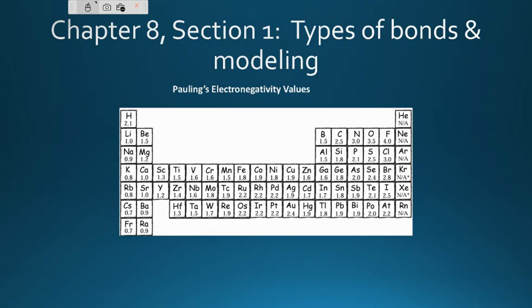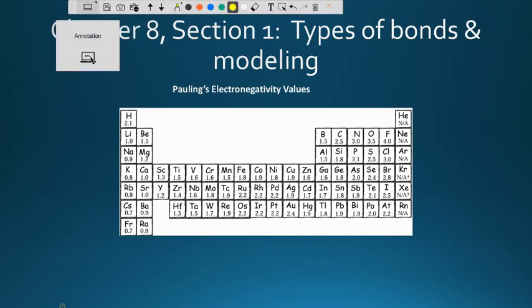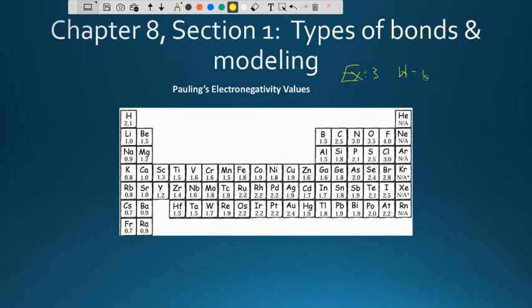So if we take a look at the example 3 with this, let's take a look at what water would be, and we can calculate then what is going to happen. Is it going to share, or is it going to just donate up? So let's take a look again at example 3. Let's take a look at that relationship, that bond between the hydrogen and the oxygen. Well, here's my oxygen, and here's my value for my hydrogen.